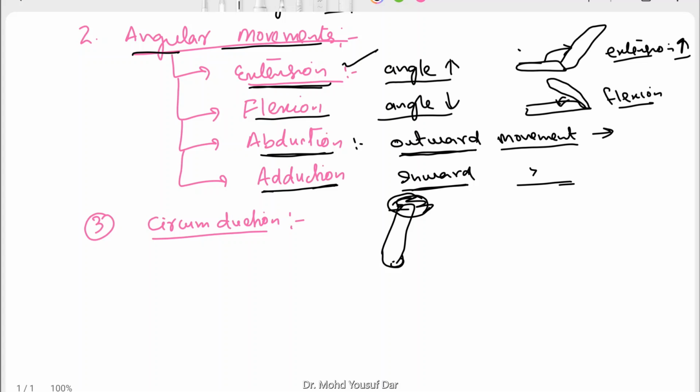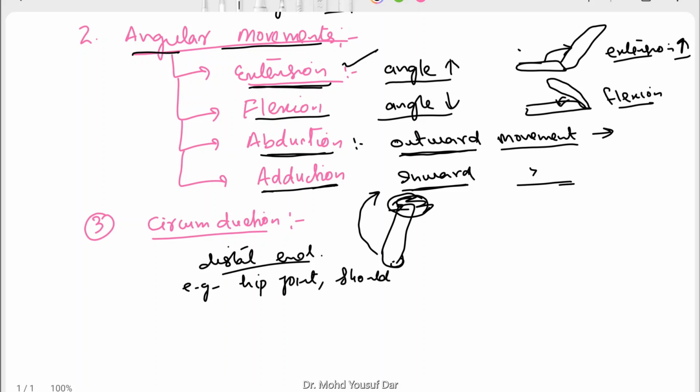So the distal end of the bone will form a circle. That means the distal end of the bone describes a circle, that is known as circumduction. For example, hip joint or shoulder joint, they show this circumduction type of movement.